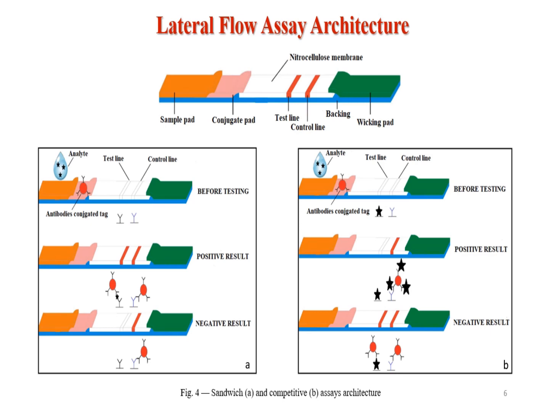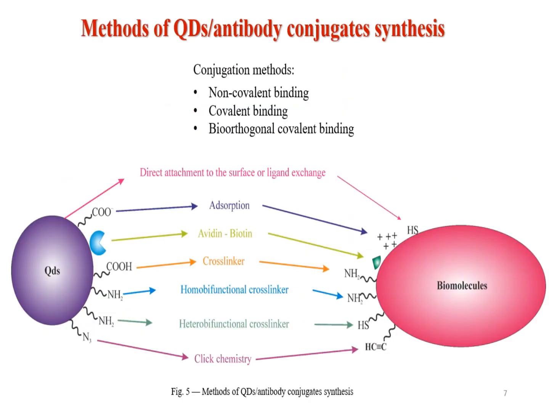Lateral flow tests can operate as either competitive or sandwich assays. In this work, we use a variant of sandwich assays. Conjugation of quantum dots with the biomolecule can be implemented in various ways, such as covalent, non-covalent, and bioorthogonal linking.